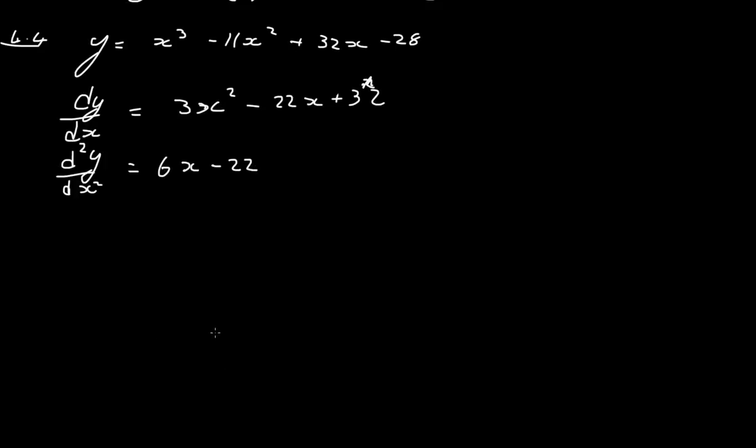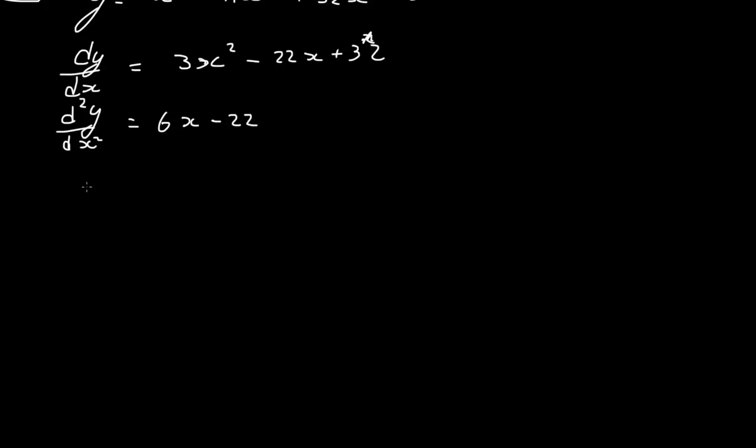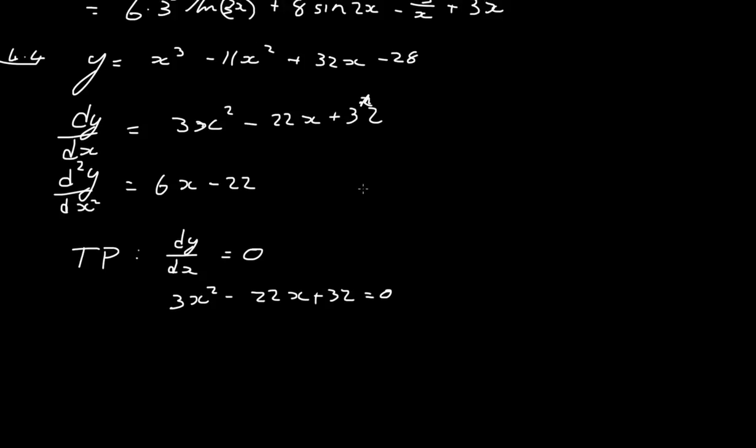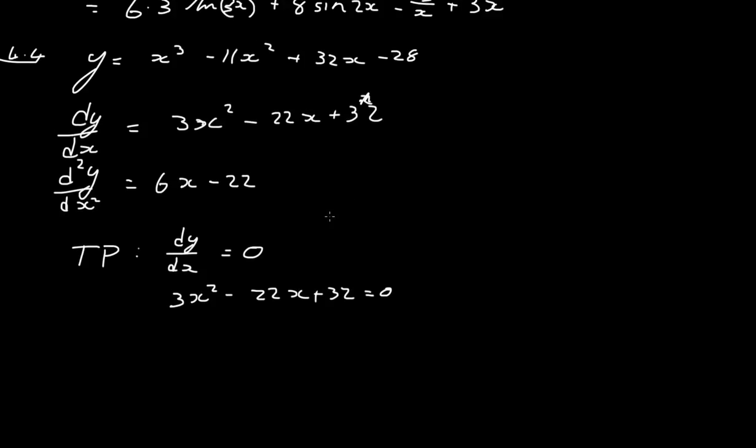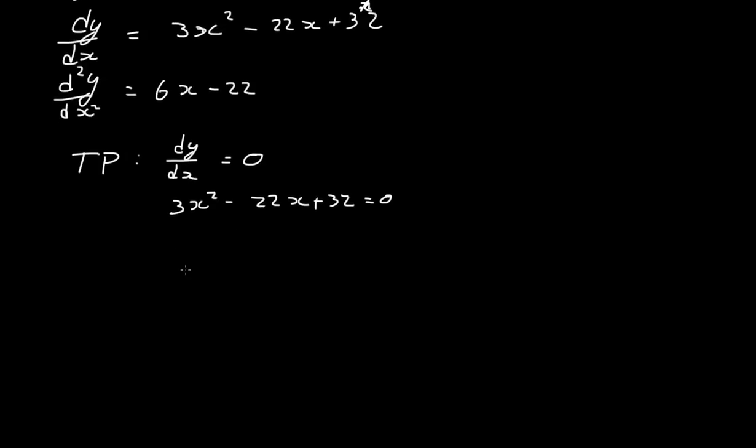So how do we find our turning points? To get our turning points, we just let dy by dx equal 0. So 3x squared minus 22x plus 32 equals 0, and then we just solve this equation.